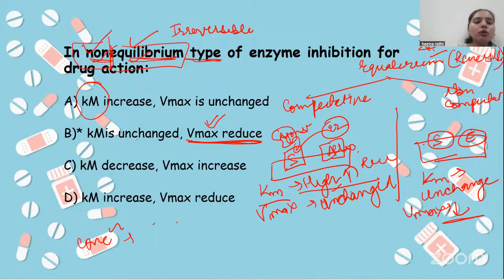So for this question, Km is unchanged and Vmax is reduced. For equilibrium, there is competitive and non-competitive. For the competitive, Km is high and Vmax is unchanged. For the non-competitive, Km is unchanged and Vmax is lower.